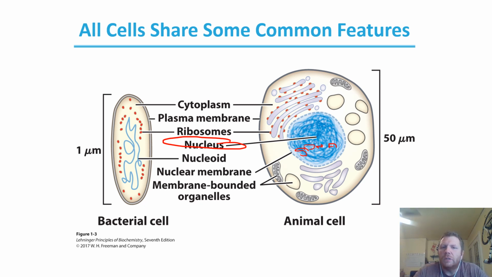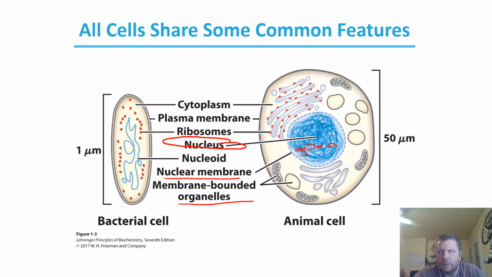A bacterial cell is going to retain all that genomic DNA in a nucleoid. As a result of a nucleus, we also have a nuclear membrane, and we have other membrane-bound organelles in an animal cell. Those membranes within a cell are what separate a bacterial from an animal cell.